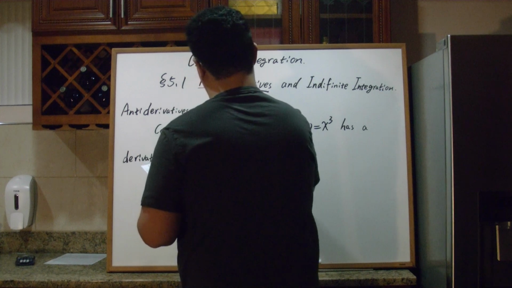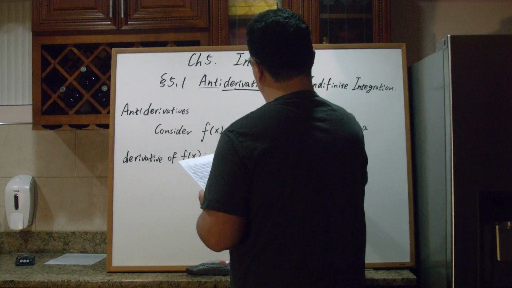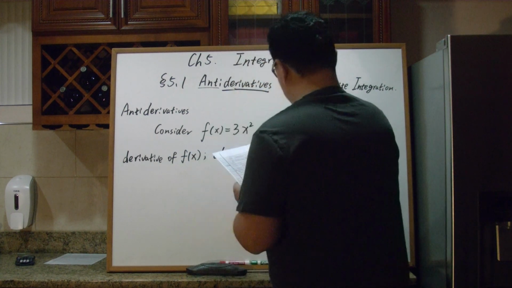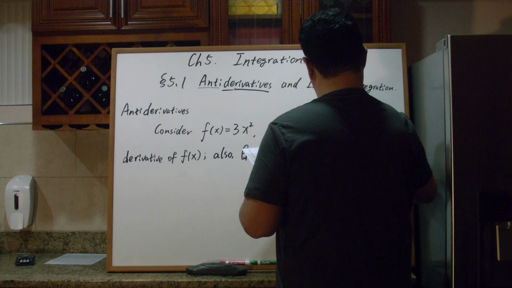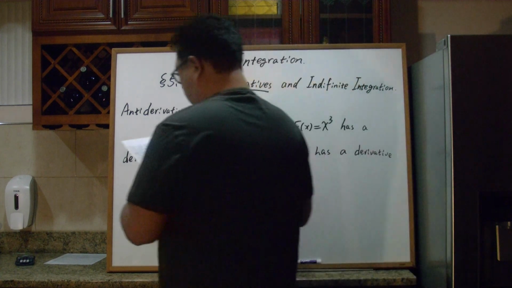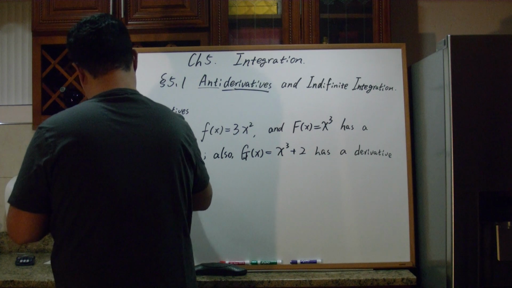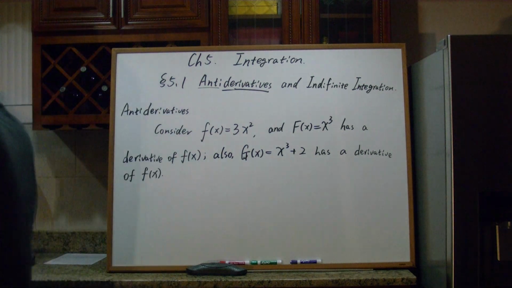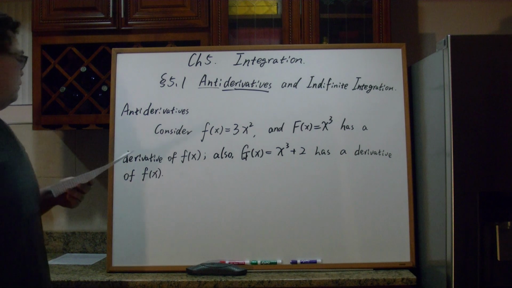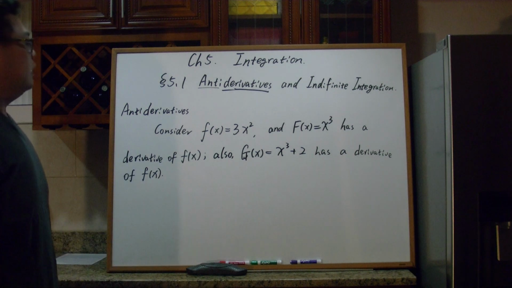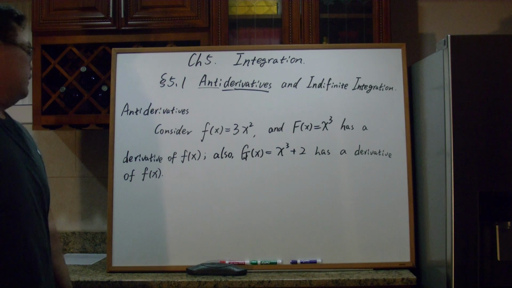And also G of x, the capital G, is x to the third plus 2. So G of x has also a derivative of f of x.